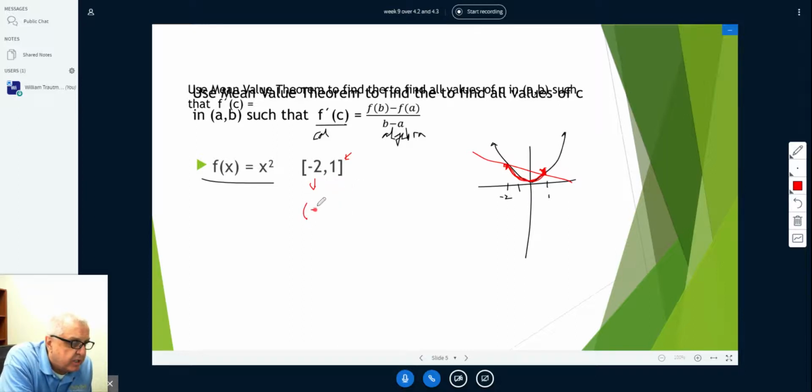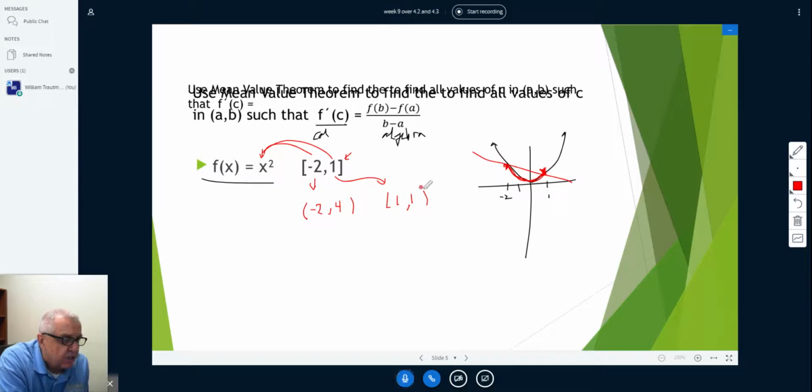We know one of the x coordinates is -2, and we know the other x coordinate is +1. If I plug -2 into the original function, -2 squared is +4. The y value equals 4. If I plug 1 into the original function, 1 squared is 1. So these are the 2 coordinates of those 2 points.